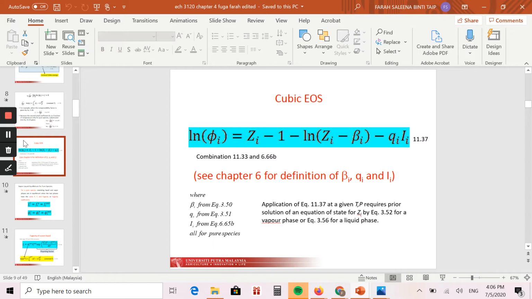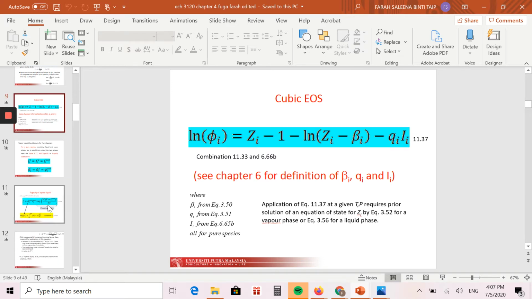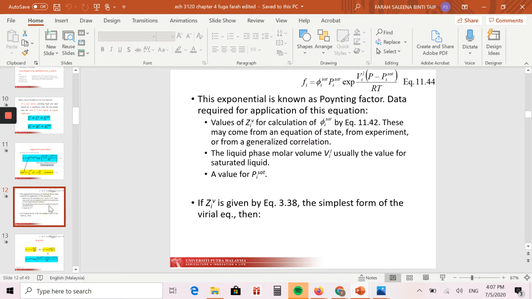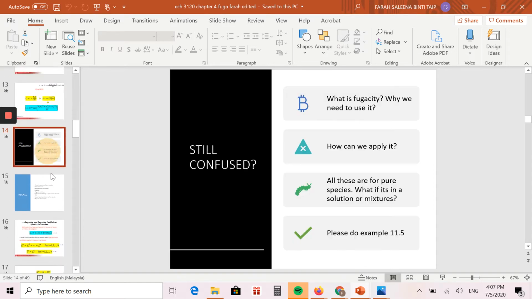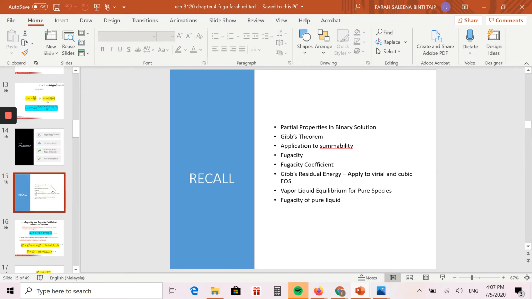We look at the fugacity in binary or multiple component, right? And then we look at different equations of state. So we have different equations of state that we can use. We can also use Lee Kessler and also virial correlation and also a generalized correlation. Basically, what you have learned.